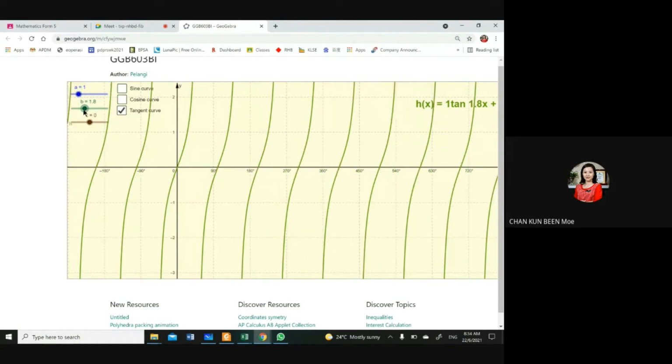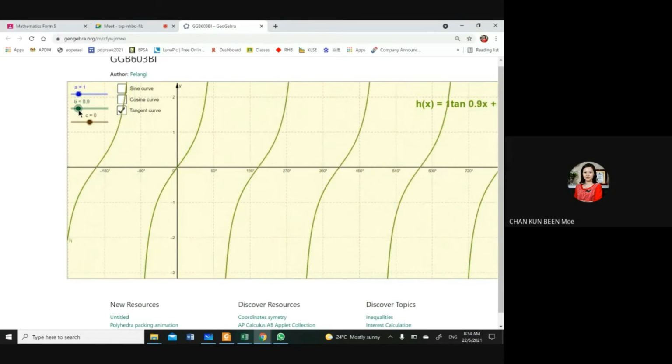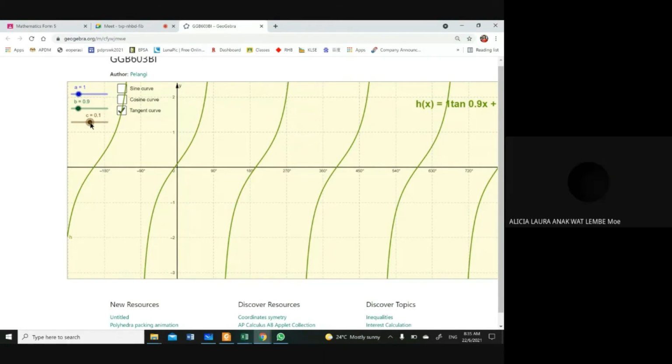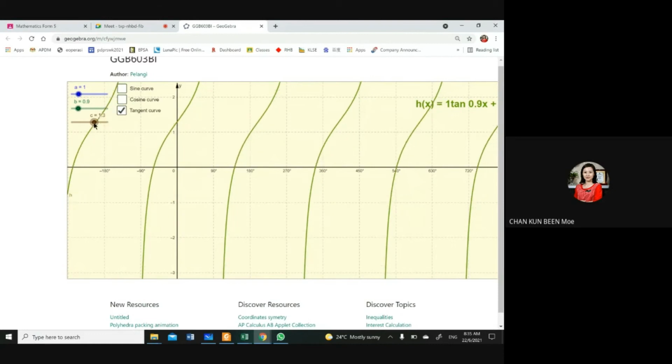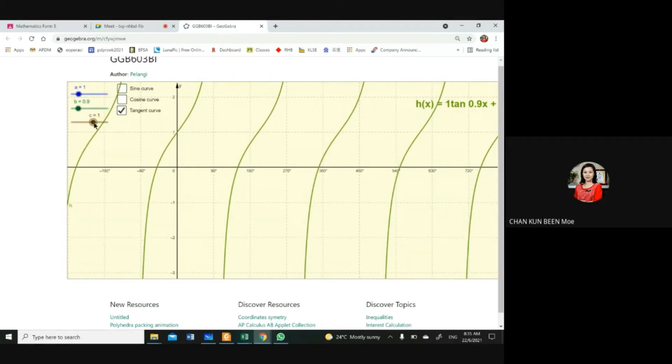Now if I change the value of C, C is the maximum and minimum value, right? For tangent, do you think there will be changes in maximum and minimum value? No, still undefined. But you see the difference, how the graph is shifted up, when C becomes 1. Originally it starts from 0, the curve is like this.